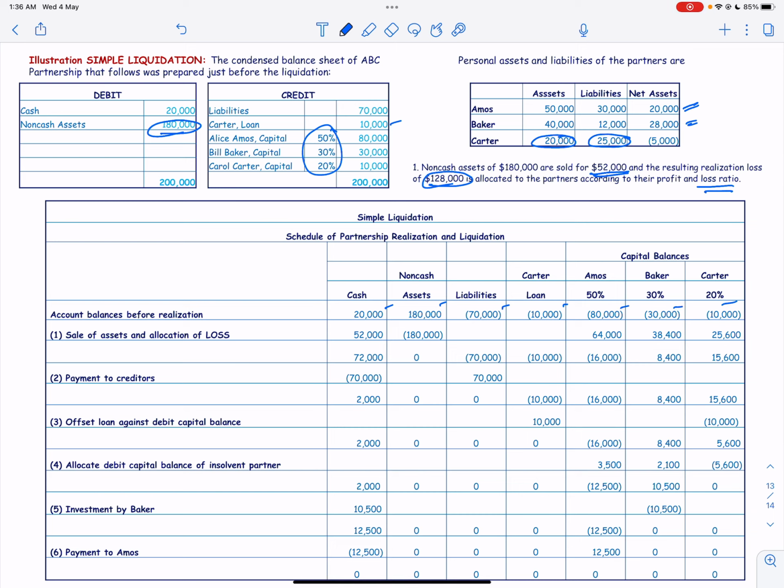And you can see that the capitals are put in brackets because this represents a credit balance. Now they have sold the non-cash assets for 52,000, and there is a loss of 128, and this loss is distributed among the partners in their profit sharing ratio.